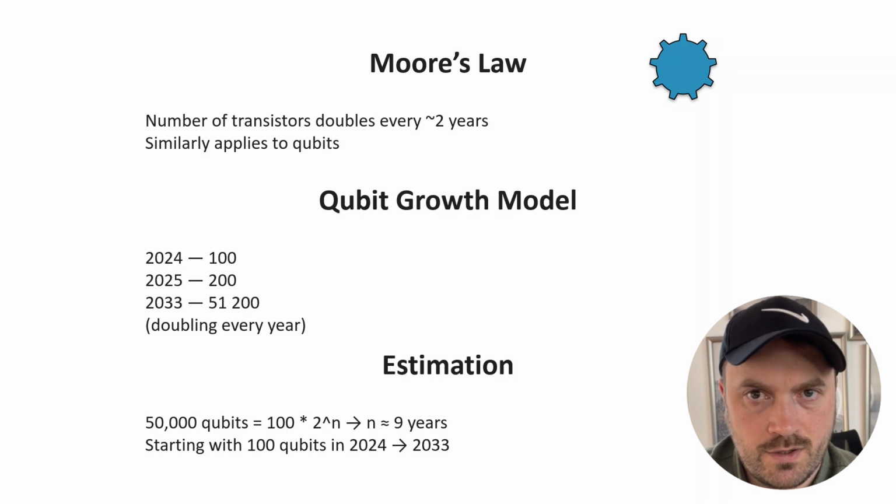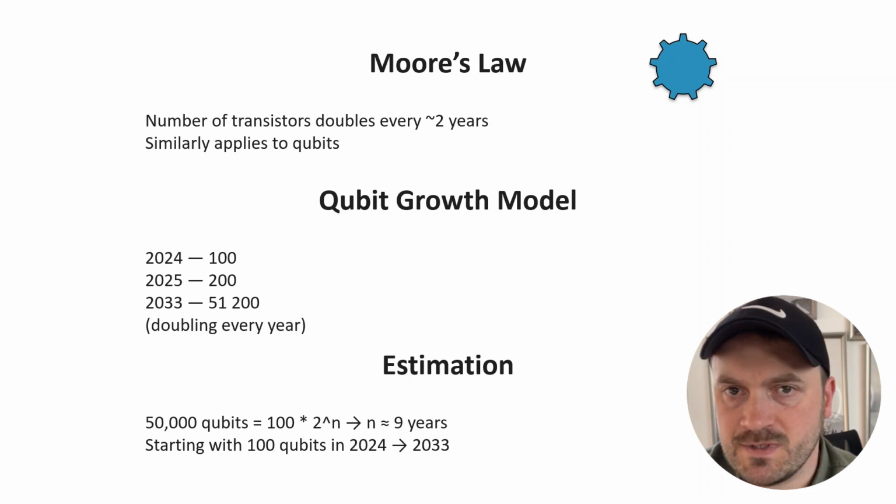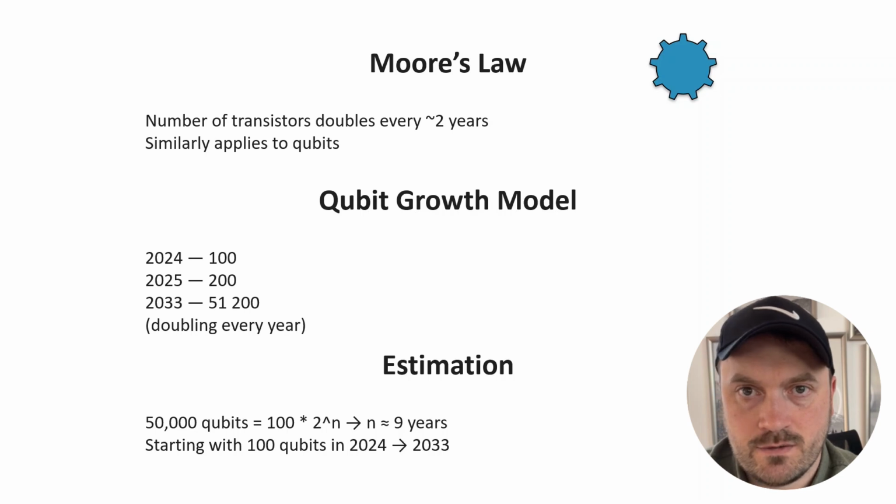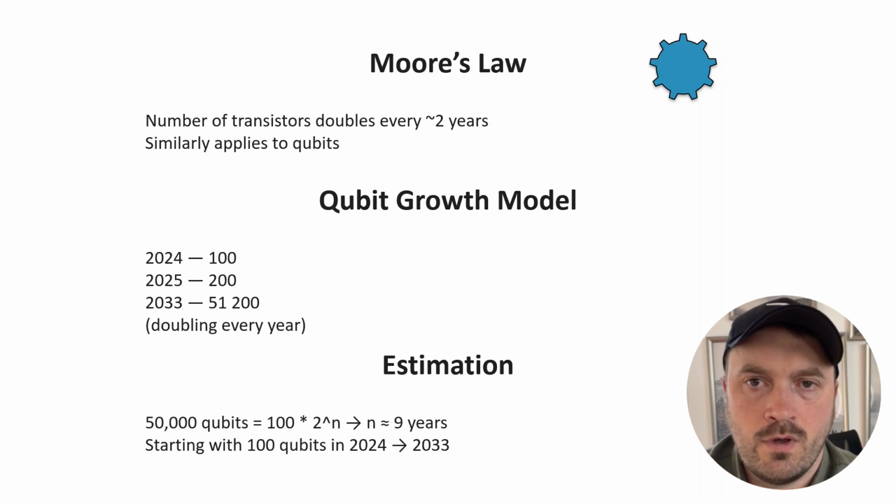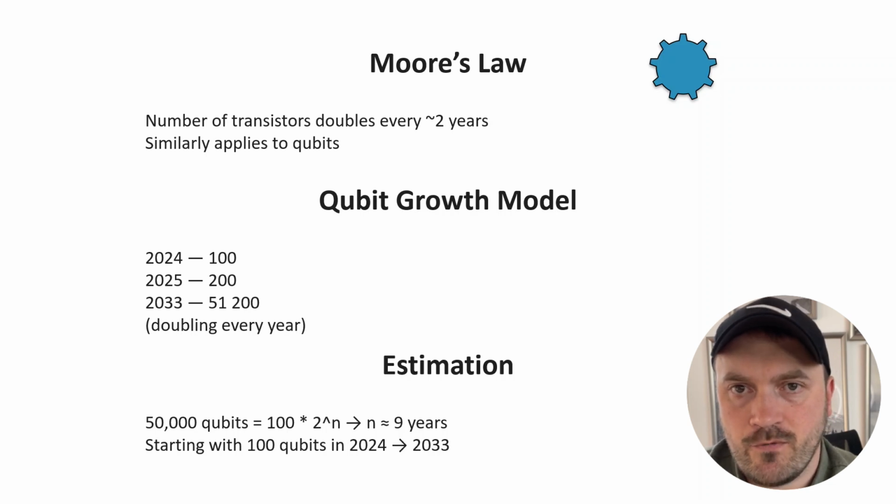Initial data for calculation. Let's assume that in 2024 we have a quantum chip with 100 physical qubits. It roughly matches reality. IBM has already 433, but we'll use a rounded number. We need to reach 50,000 physical qubits.